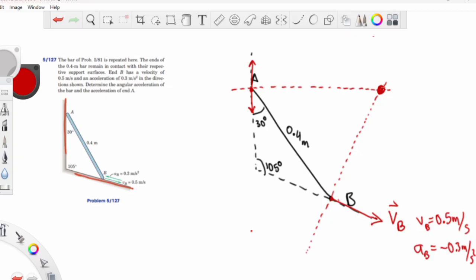If our vector VB points in this direction, then our angular velocity at this instant in time must go in this direction, so that the tangential velocity points in the direction that we just drew. If this is the angular velocity and this is the radius, then our velocity VA must be this one, and this solution is not valid.